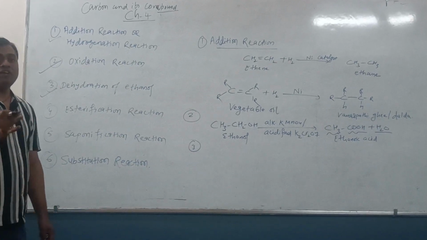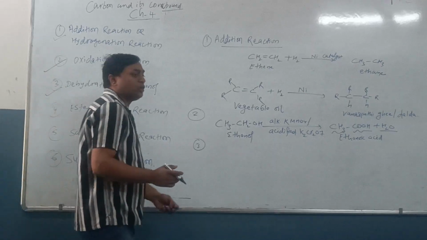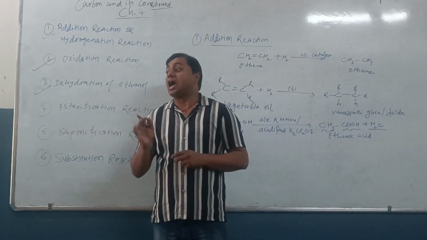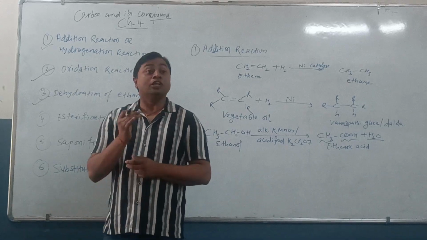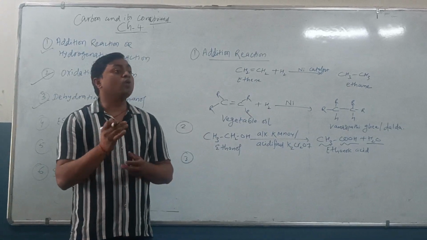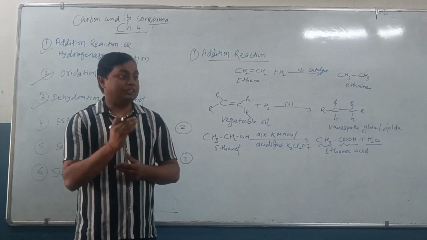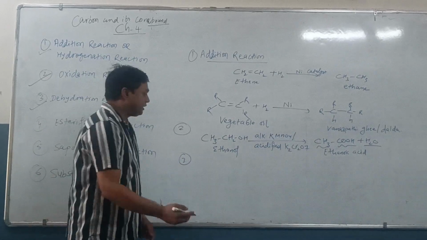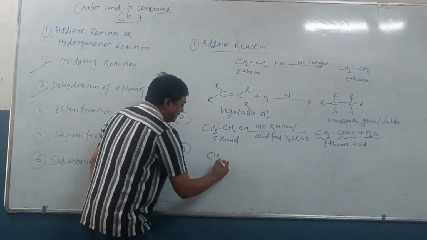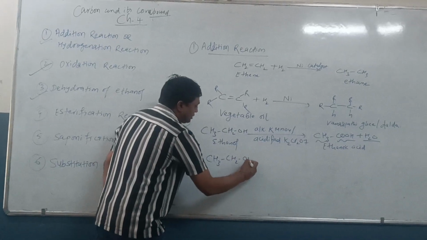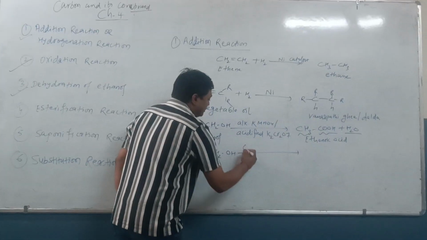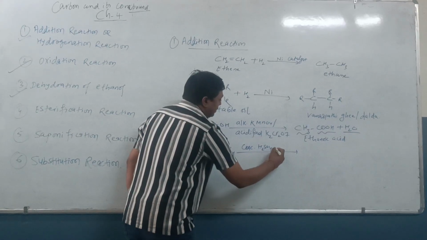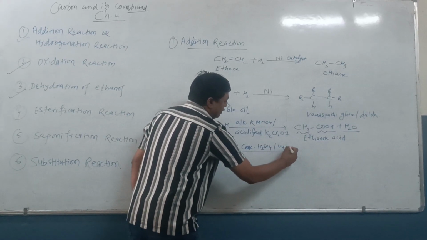Next, third equation. Dehydration of ethanol. Very, very important, children. Whenever concentrated sulfuric acid is added to ethanol at 443 Kelvin, it loses one molecule of water, and ethanol changes into ethene. For example, CH3CH2OH with concentrated sulfuric acid H2SO4, heated at 443 Kelvin.